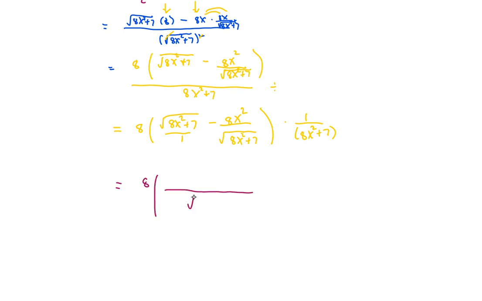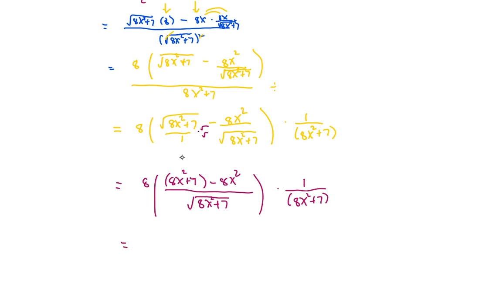With the common denominator, square root of 8x squared plus 7, the first term now becomes 8x squared plus 7, from multiplying top and bottom by the square root. This quantity is subtracted by 8x squared, and outside is multiplying by 1 over 8x squared plus 7.